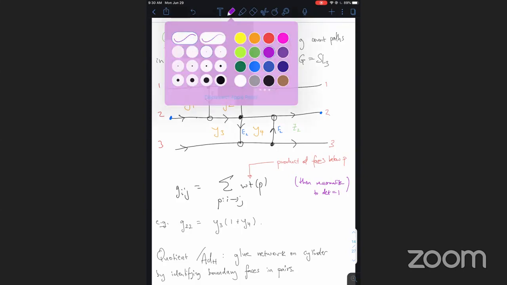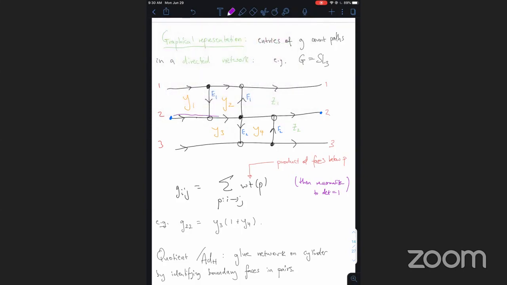There's the path that just runs straight along, and then there's the path which runs straight along but takes a little detour down like that.